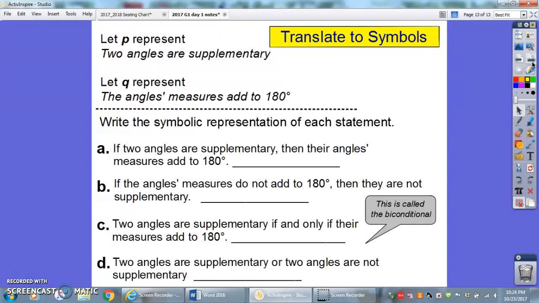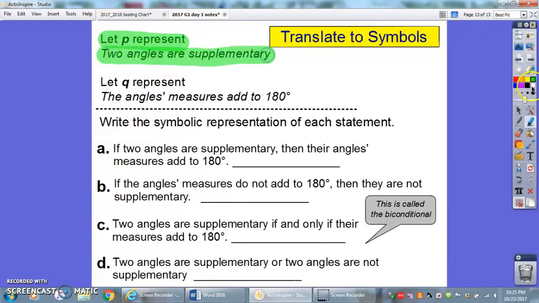Now, our last page. We're going to translate to symbols. So we're going to write a symbolic representation of each of the statements. Alright, so at the top is what we call a key, and it just tells you what the symbols represent. So symbols, these are letters. They represent a statement. So P is going to represent two angles are supplementary.